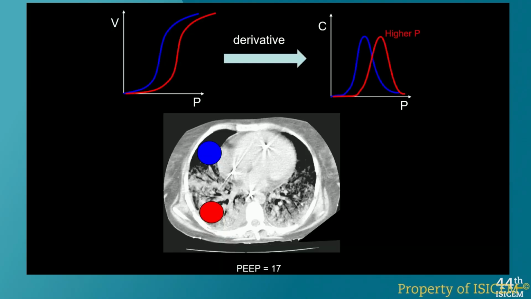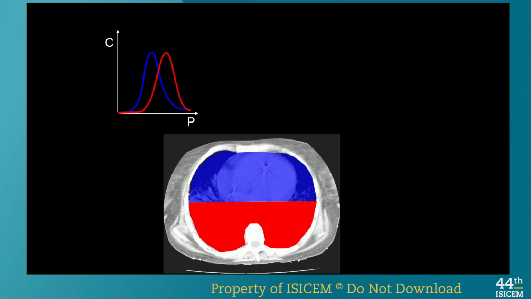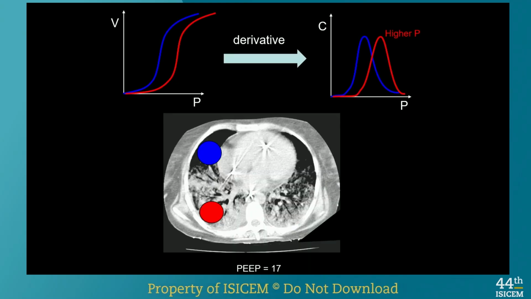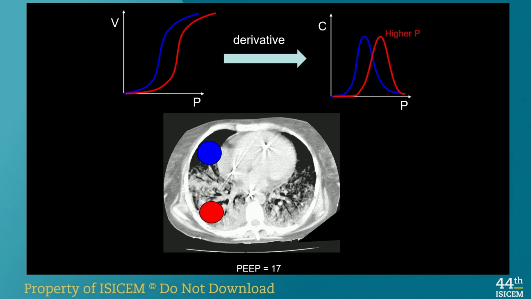The consequence is very remarkable because this is the PV curve. This is the PV curve of this region and this region here. So the red region is dependent, displaced to the right. If you do the derivative of the PV curve, you have the compliance curve.